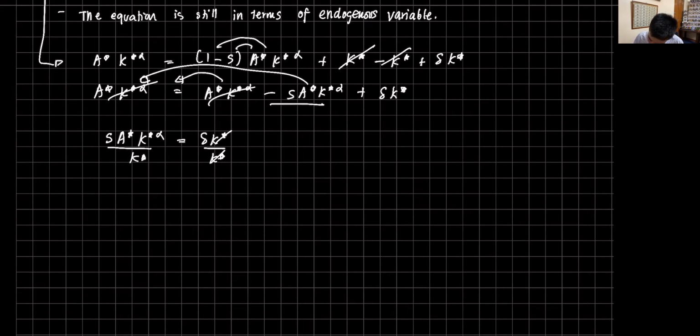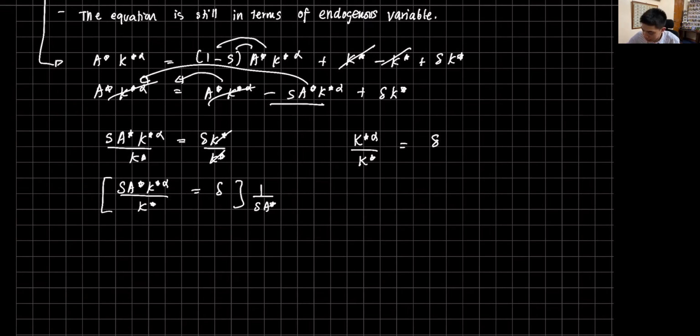So I'm left with S A star K star alpha over K star equal to delta. Then let me divide both sides by S times A star. So that one will cancel out, and I'm left with K star alpha over K star is equal to delta over S A star.